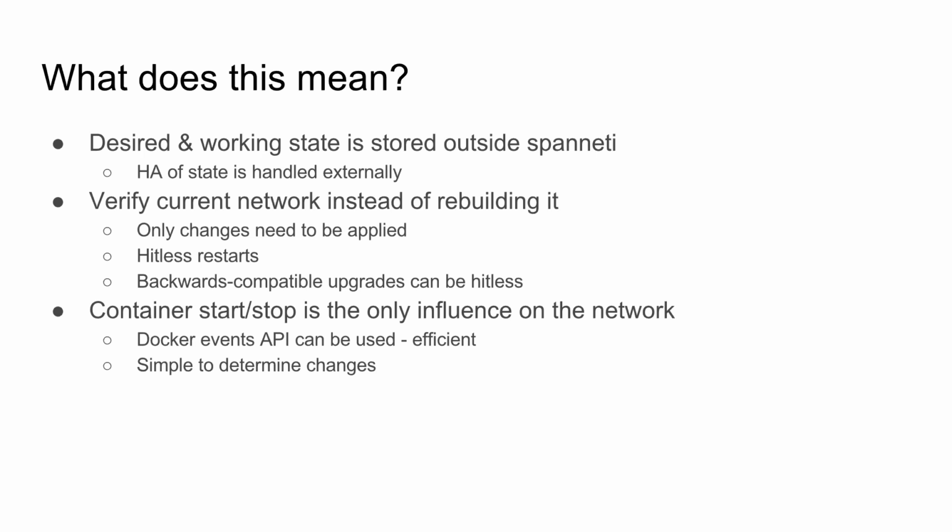And if we restart, we don't want to have to set up the network again. So we want to compare the existing network and what the network should be, and only apply a diff between the two. That keeps things functioning more smoothly, and you don't get traffic hits for no reason.